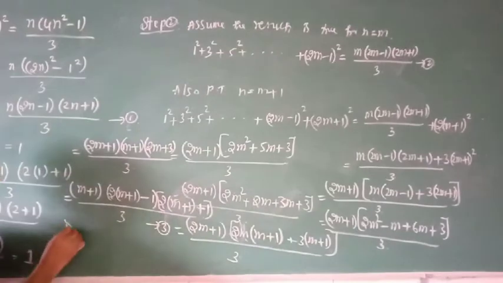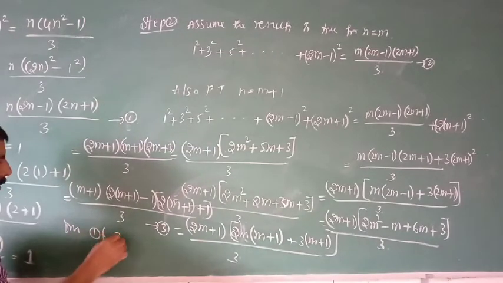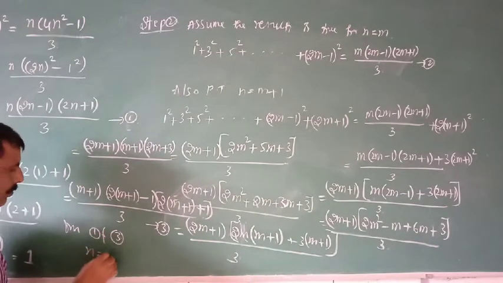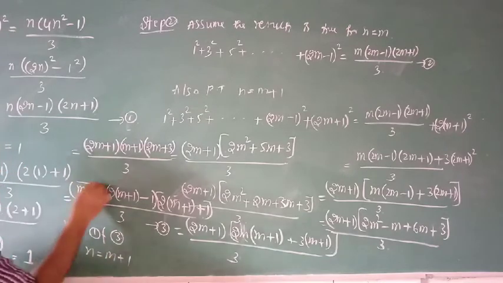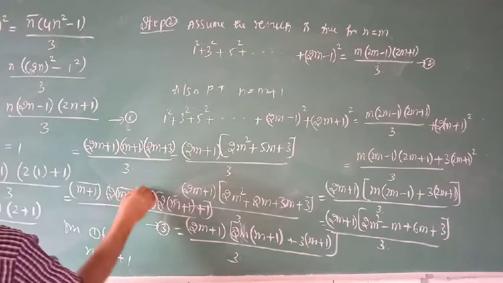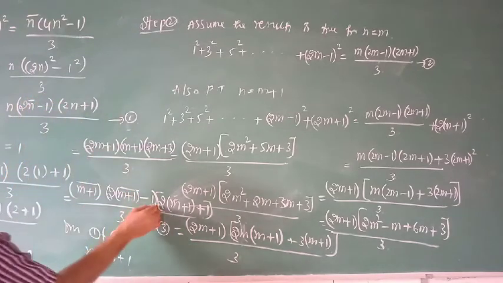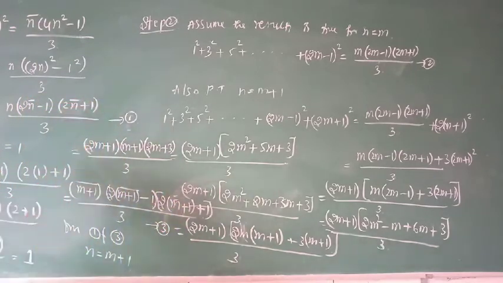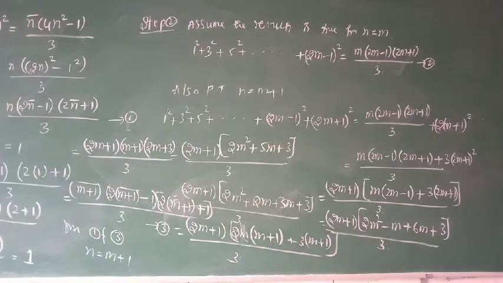So from 1 and 3, n is equal to m plus 1, so 2 into m plus 1 minus 1, 2 into m plus 1 plus 1, which is also written as 4 into m plus 1 whole square minus 1. So step 3 is the conclusion: the result is true for all positive integers n.